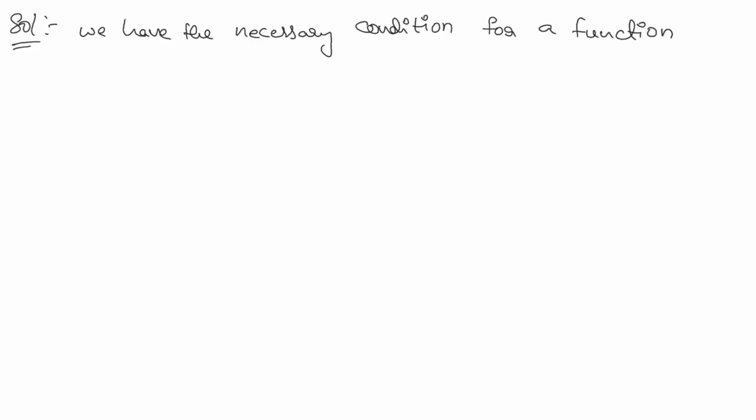So to check whether a function is analytic or not, first of all, we have the necessary condition for a function f of z, which is written as u of x comma y, the real part, plus i times v of x comma y, to be analytic.